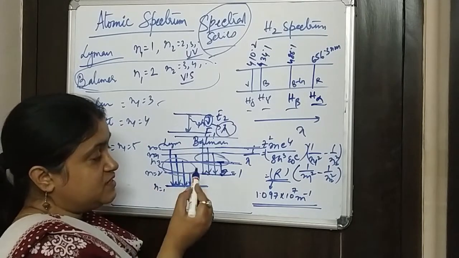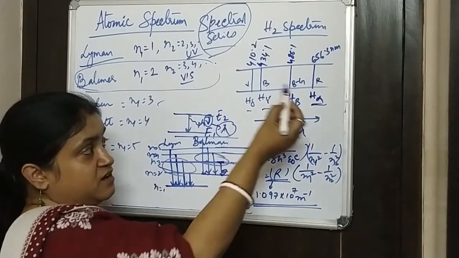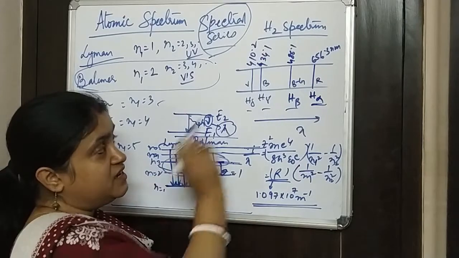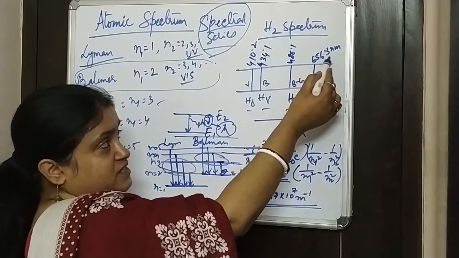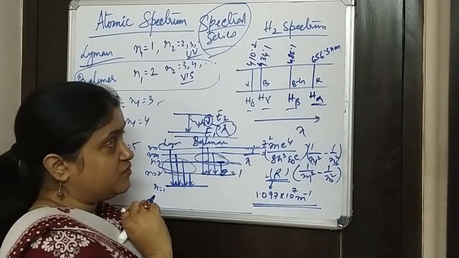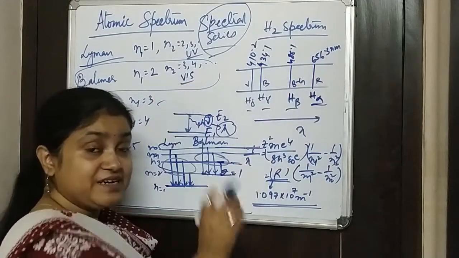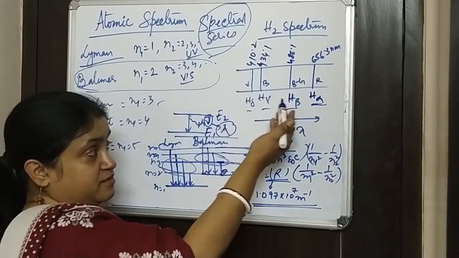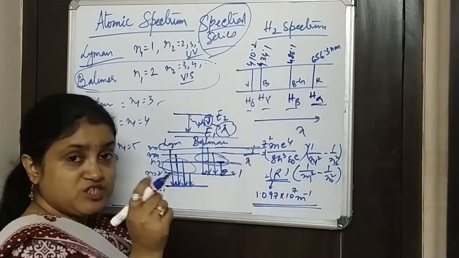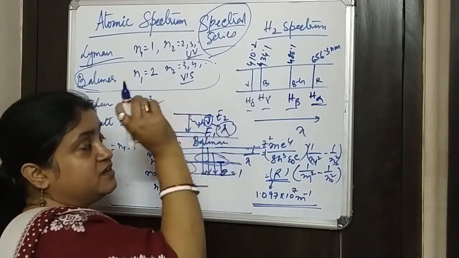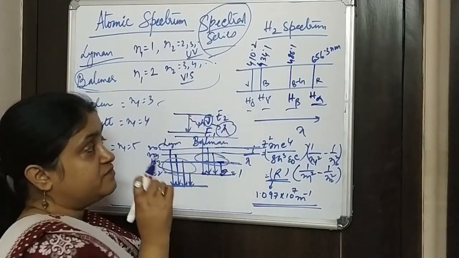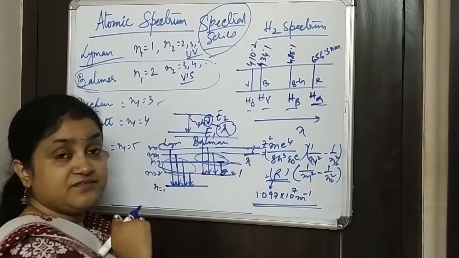The first line, hydrogen alpha, has a wavelength of 656.3 nanometers. This is a red line. The second line is a bluish green line. The third line is a blue line, and the fourth line is a violet line.